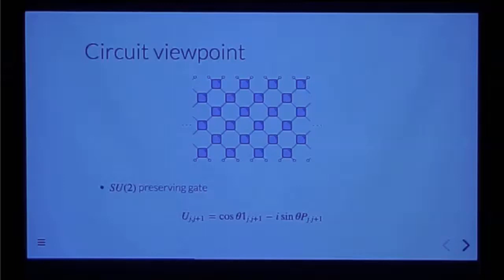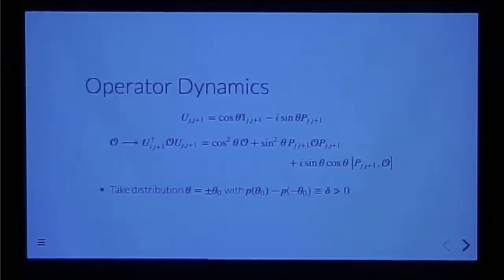An SU(2) preserving gate is given by this unitary here: cosine theta times the identity minus i sine theta times the exchange operator, with some parameter theta which determines how far from the identity we are. You perform a step of time evolution on an operator by applying U dagger and U on either side and multiplying that out, and you get this expression: a term with cos squared, a term with sine squared, and a term with sine cos.